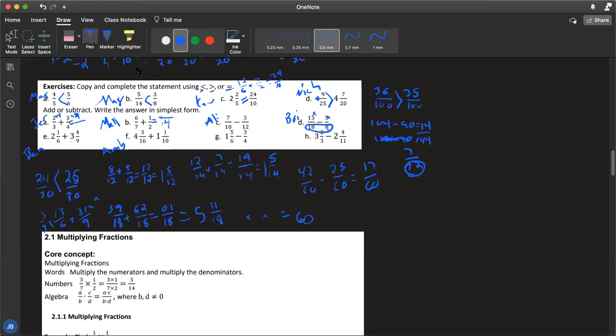So first I got the common denominator is 80. So did you multiply these through or just leave them? Just leave them. Okay. So the common denominator is 80, plus something over 80.